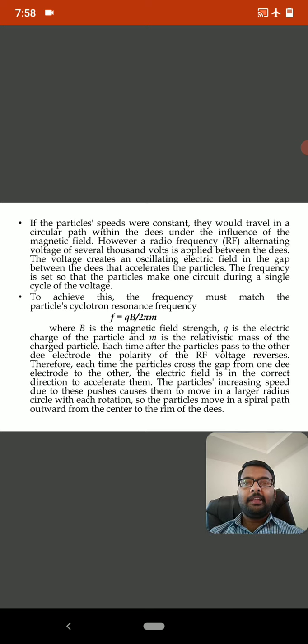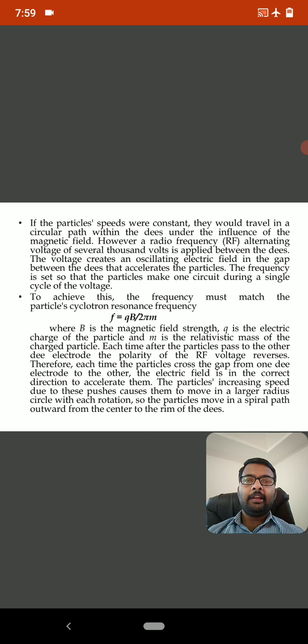So if the particle speeds were constant, they would travel in a circular path within the D's under the influence of the magnetic field. If the speed of the particle is constant, then they will travel along a circular path within those two electrodes under the influence of the magnetic field.